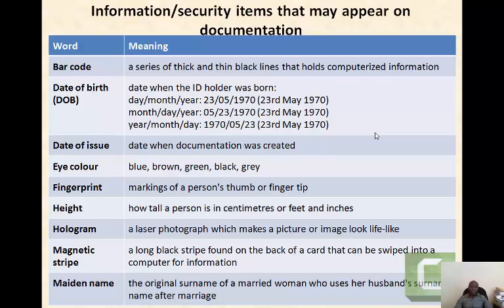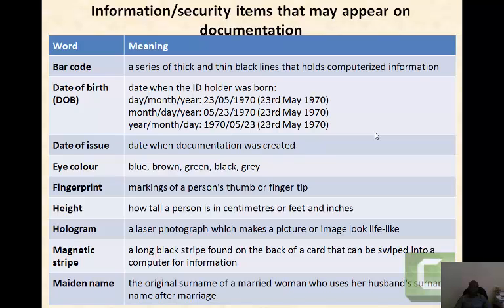Hologram. This is a laser photograph which makes our image look three-dimensional. Magnetic stripe. This is a long black stripe found on the back of a card that can be scanned into a computer for information.